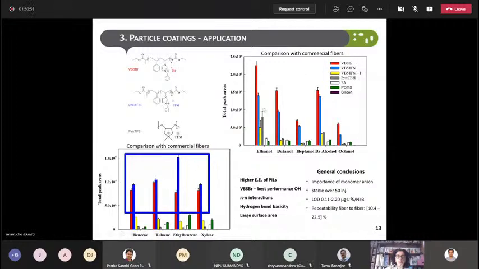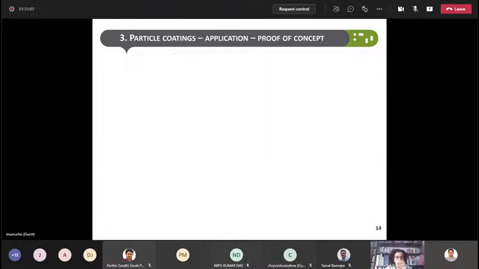So it really depends: when we have very complex samples, with alcohols mixed with aromatic compounds, one fiber works best for one compound, and another fiber works best for another. So you really have to come up with a very efficient fiber that can give you the entire spectrum of our sample.